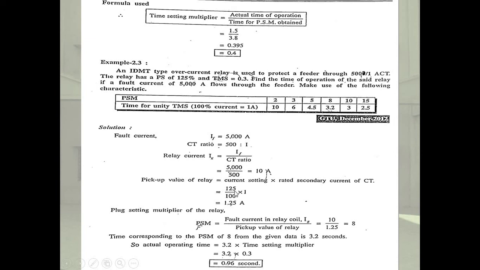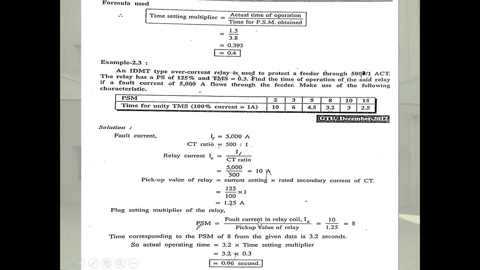So 125 divided by 100 into 1. So the pickup value of the relay is 1.25 ampere. Now the plug setting multiplier of the relay equals fault current in the relay coil divided by the pickup value of the relay.